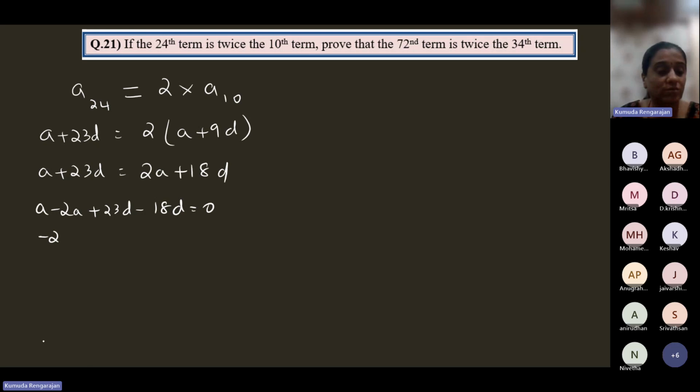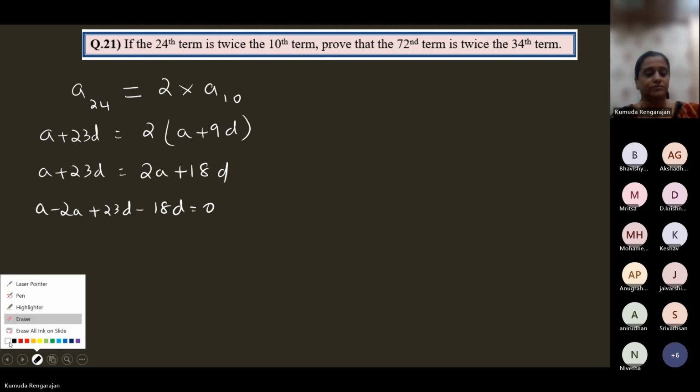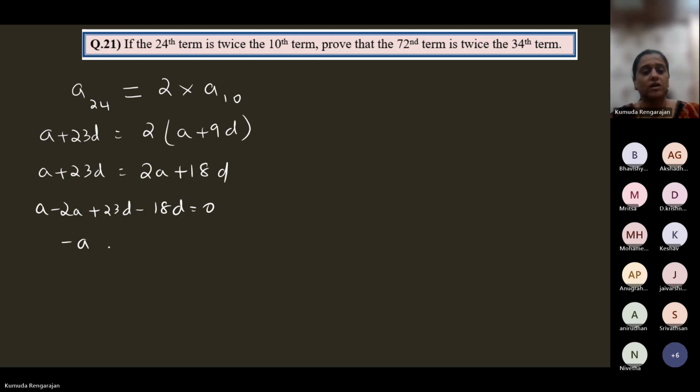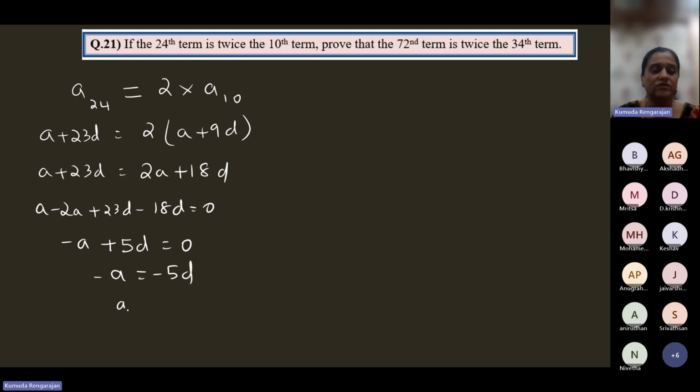So a minus 2a plus 23d minus 18d is equal to 0. Minus a plus how much is this? 5d, right? Is equal to 0. Minus a plus 5d is equal to 0. So we have minus a is equal to minus 5d, or a is equal to 5d.